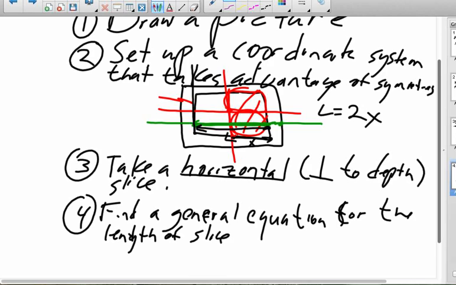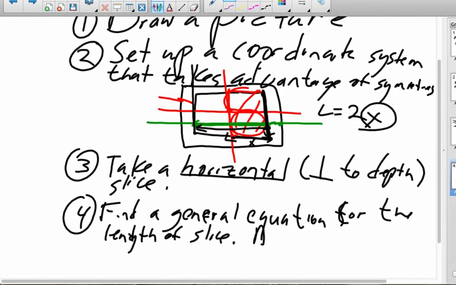And I notice that it does not change as I go up and down. So in this case, once I've got x, I know what my width is. It's going to be the same. It will be constant.